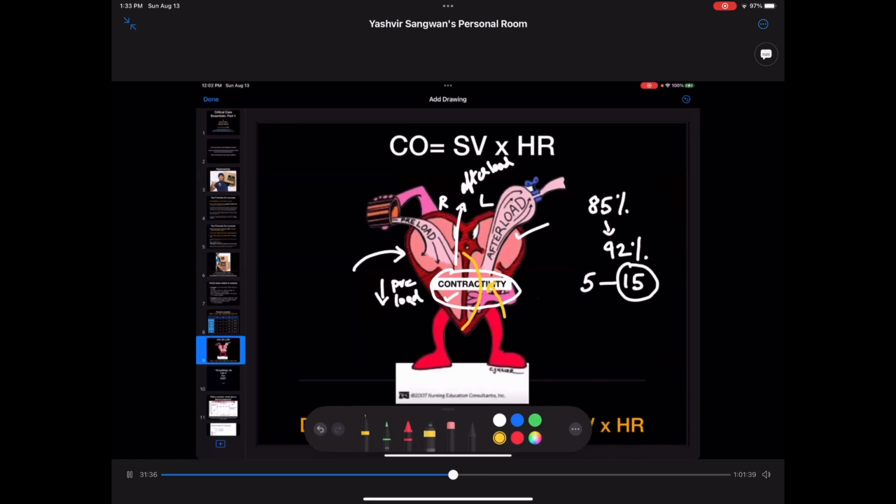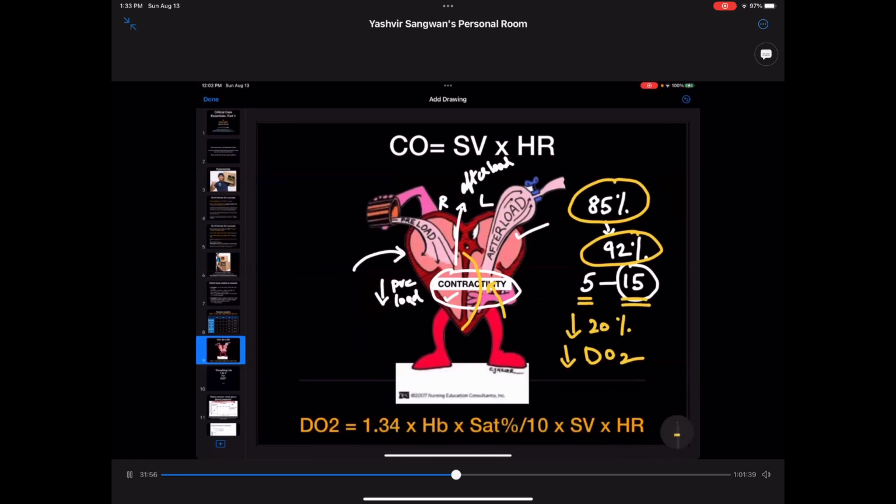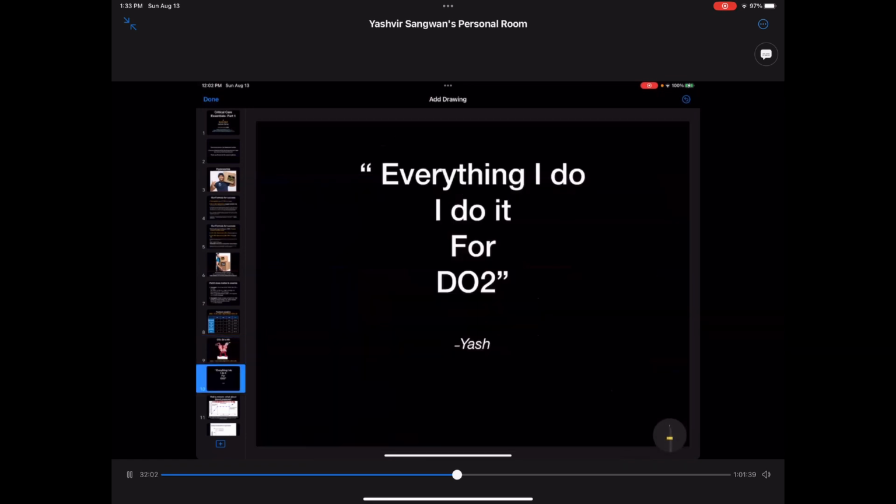And therefore, if you increase your saturation from 85 to 92% by increasing the PEEP from 5 to 15, and in return your cardiac output decreases 20%, you have actually decreased your DO2 and currently are harming the patient. Everything I do, I do it for DO2. I believe somebody has changed just one word out of that sentence and made it into a very popular song.